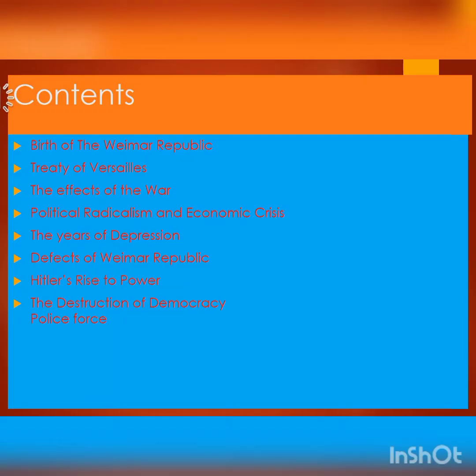In this chapter, chapter 3, Nazism and the rise of Hitler, we have to go through the following main points.